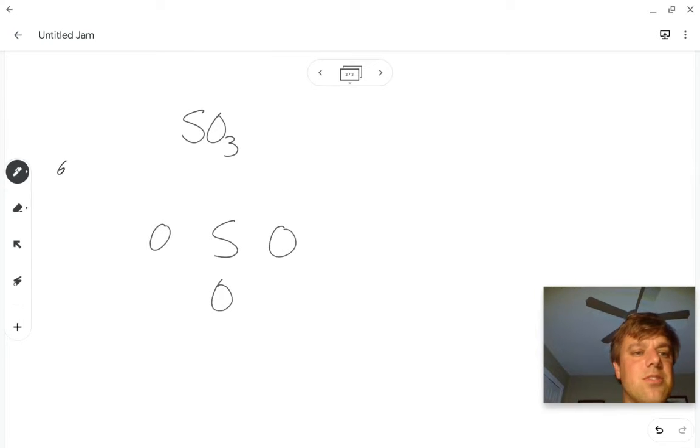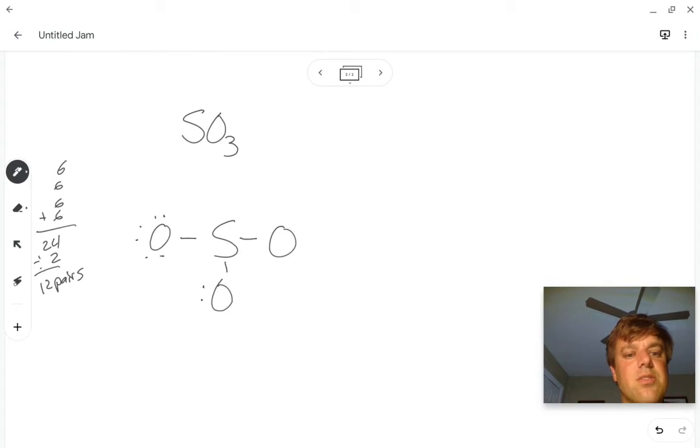We add up our electrons, 6, 6, 6, and 6. That all adds up to 24, or 12 pairs. So we go 1, 2, 3, 4, 5, 6, 7, 8, 9, 10, 11, 12.